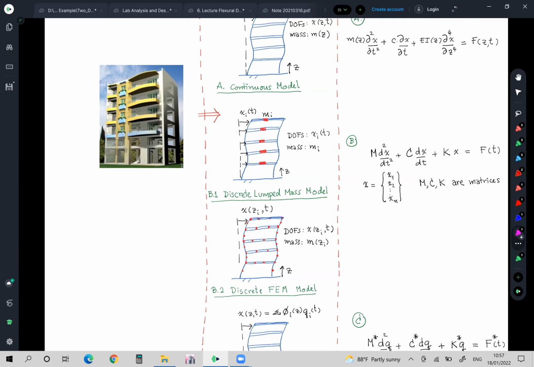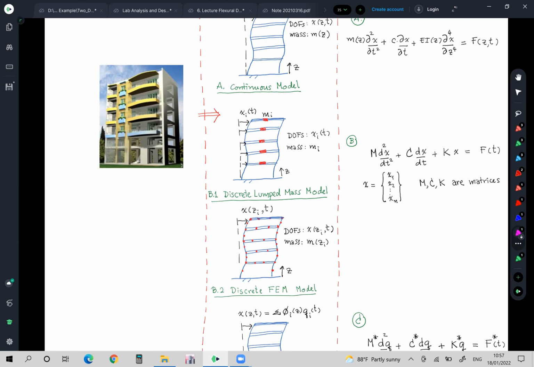If your structure is a bridge, a long span bridge, I believe most engineers will use B number 2 as well.